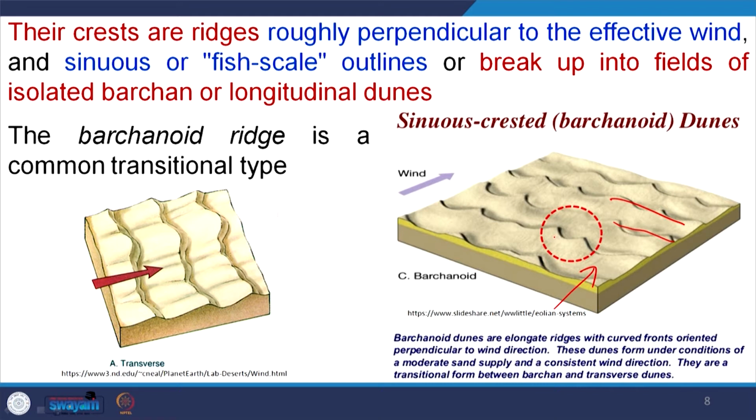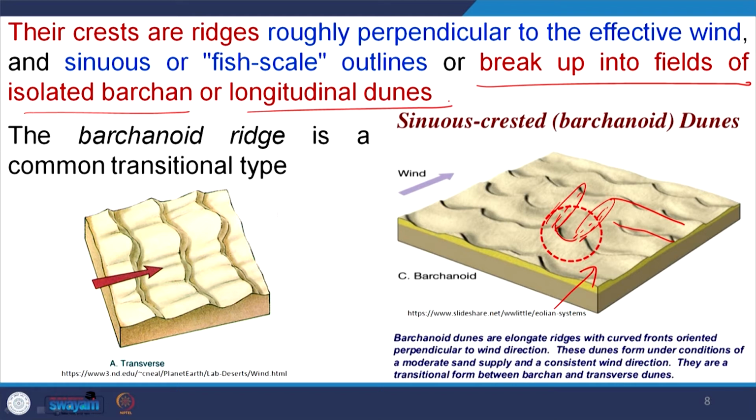For example, if I elongate this side, this horn may elongate in this way. So, it will create a barkan, or finally it will convert to a longitudinal dune. That is why it breaks up into fields of isolated barkans or longitudinal dunes.